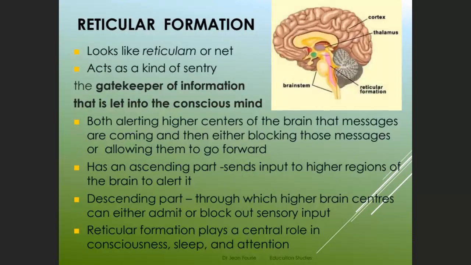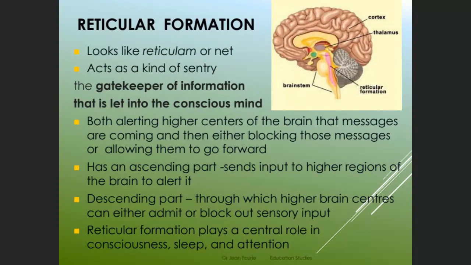Then there is a structure called the reticular formation, which looks like a net, and it acts as a kind of gatekeeper of information. It gatekeeps the information which is being allowed into the conscious mind.